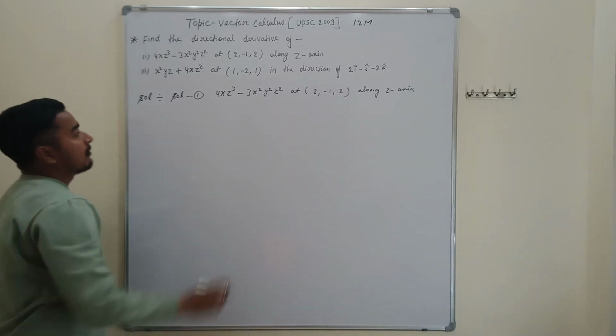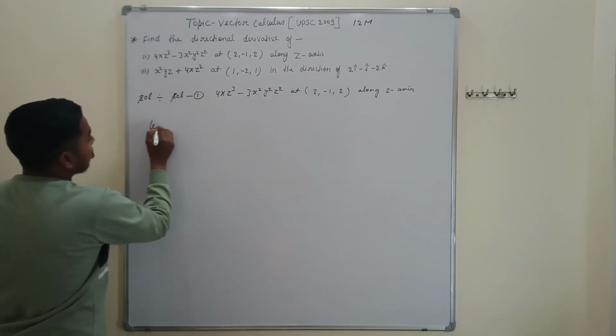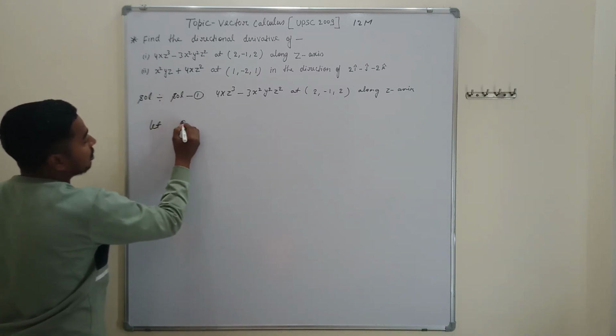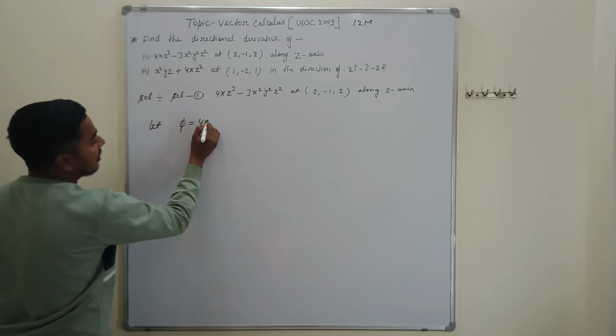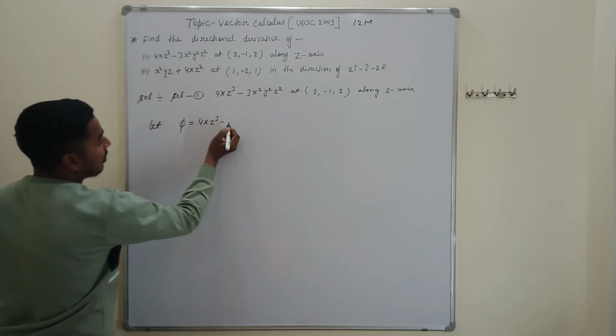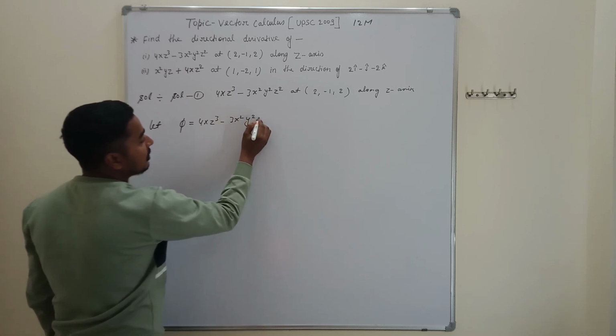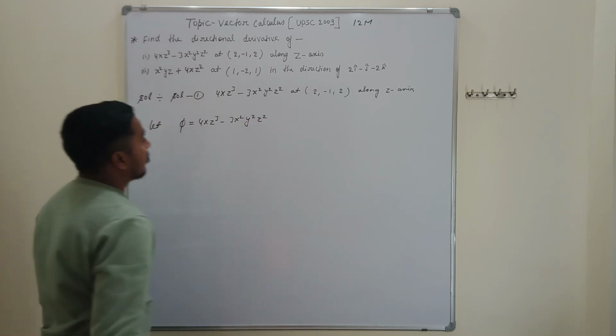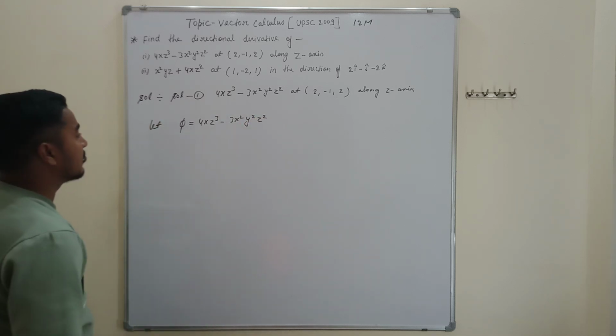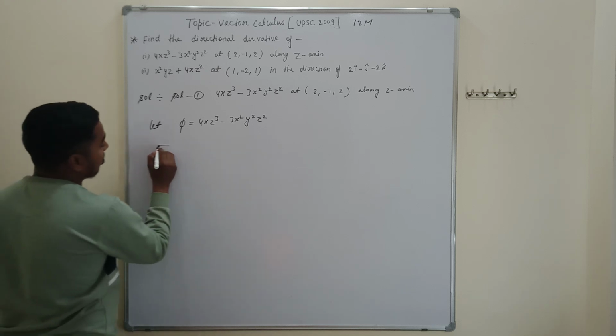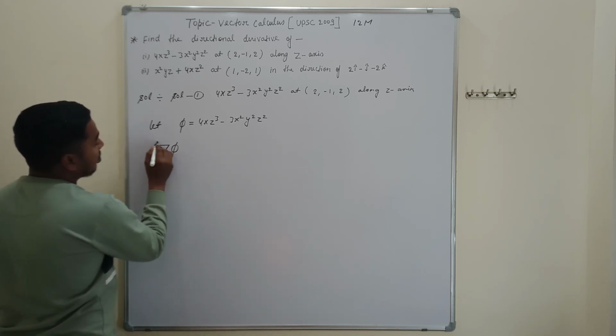Let's solve the problem. First we let the given function be phi, equal to 4xz³ − 3x²y²z², and we have to find the directional derivative. The directional derivative is given by del phi.